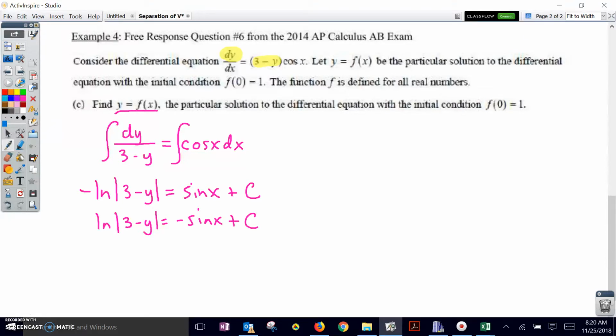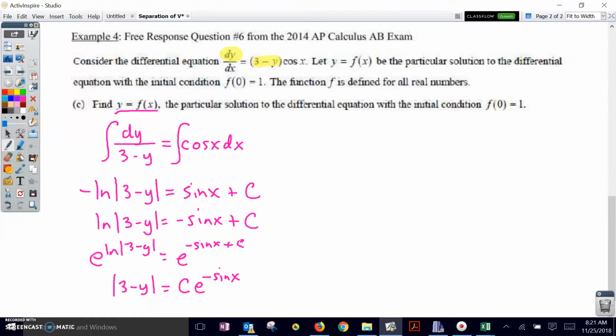And then to get rid of the natural logarithm, I'm going to raise e to both sides of the equation. And then again, I can simplify the right-hand side here to c times e to the negative sine of x, where this c is a different c from the previous line.